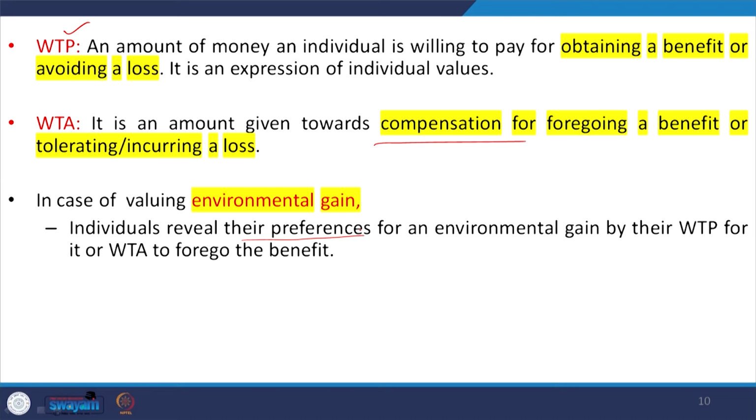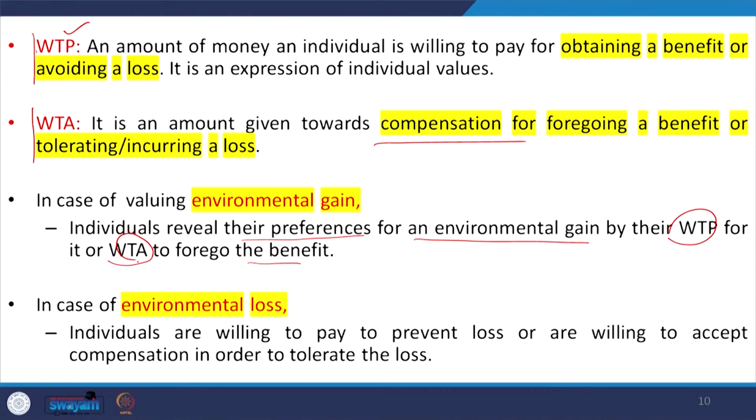Or if they do not require the particular benefit and allow it to be foregone, then it is expressed in terms of willingness to accept. So, see the basic meaning of willingness to pay and willingness to accept, and how both terms can be used in case of an environmental gain.